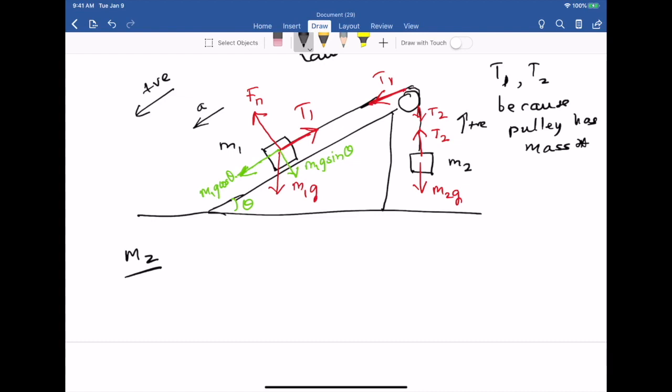Well, our linear sign convention is that when m1 goes down, that is the positive direction. So that's why m2 going up is the positive direction. What happens to the pulley? Which way does the pulley rotate when m1 goes down and m2 goes up? It clearly rotates in the counterclockwise direction. So the corresponding sign convention that we would choose is counterclockwise is positive.